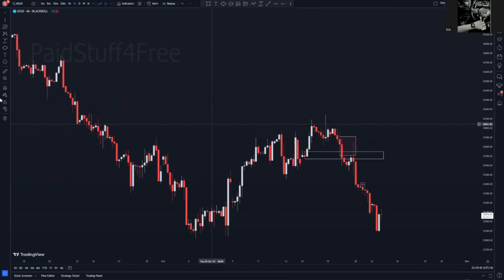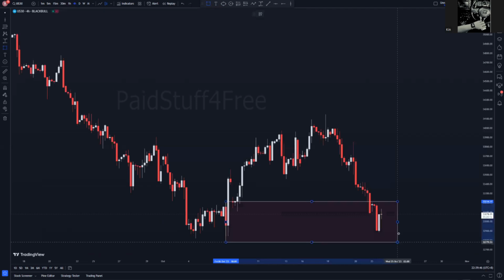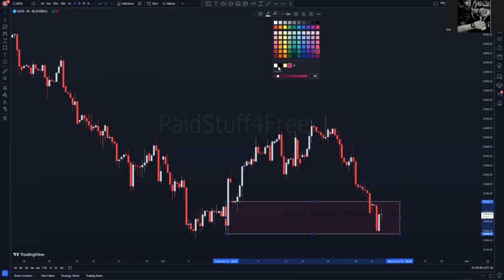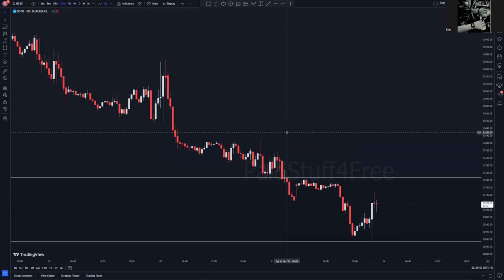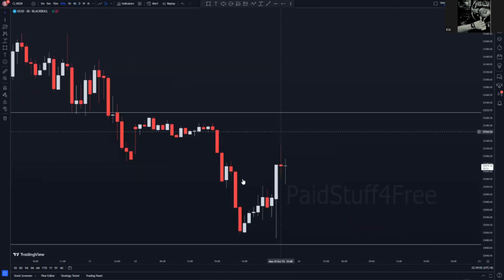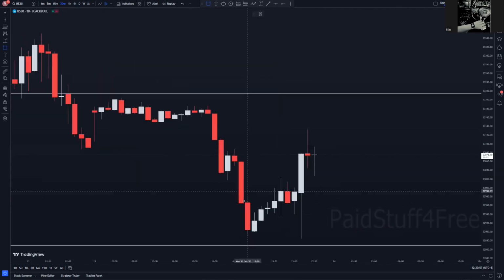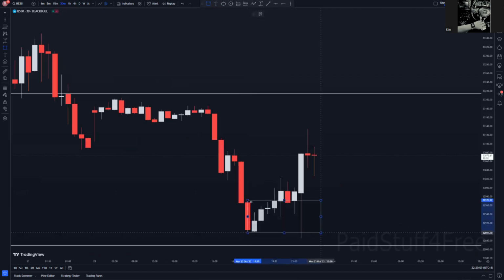Let me show you guys what happened just now with US30. ED buy, right? Yeah, I know about this one because I took a buy on this one. The price created this TC and the price got into the zone.